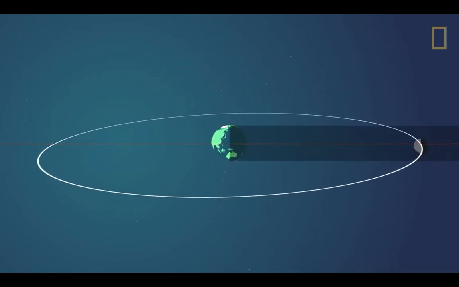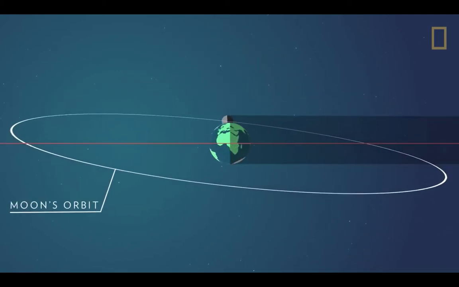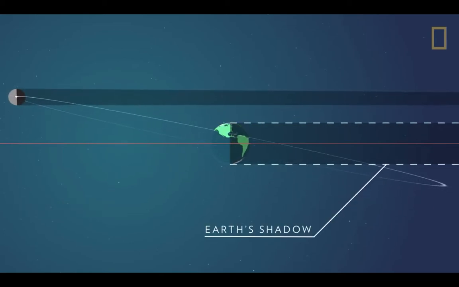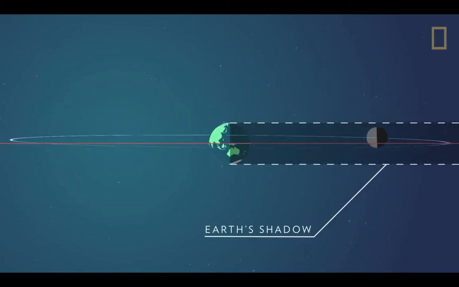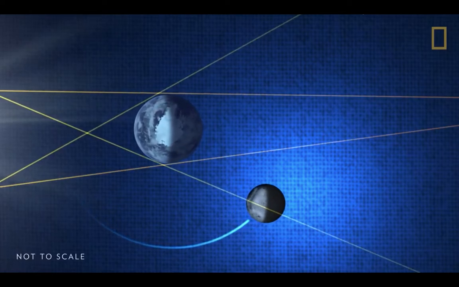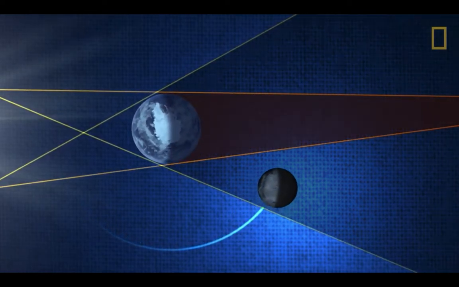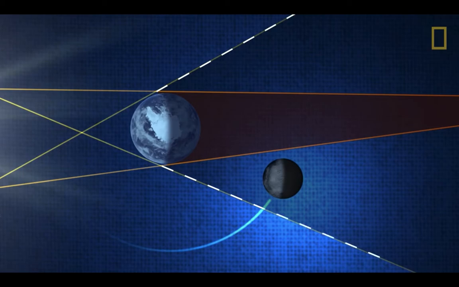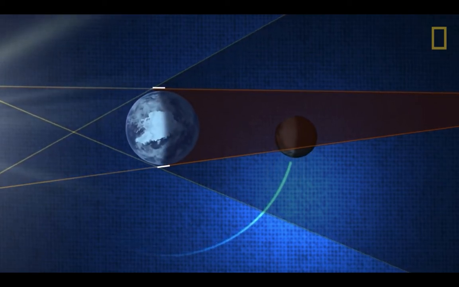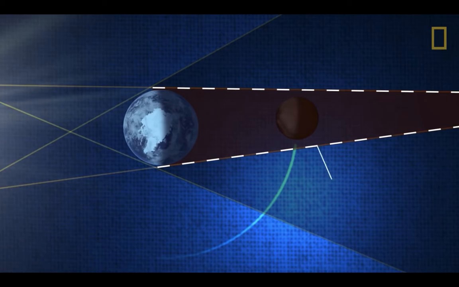The moon's orbit is tilted a few degrees in relation to the Earth, so the Earth, moon, and sun don't always align. When the Earth does eclipse the sun, it casts two types of shadows on the moon. A larger shadow, known as the penumbra, and a smaller, darker shadow, known as the umbra.